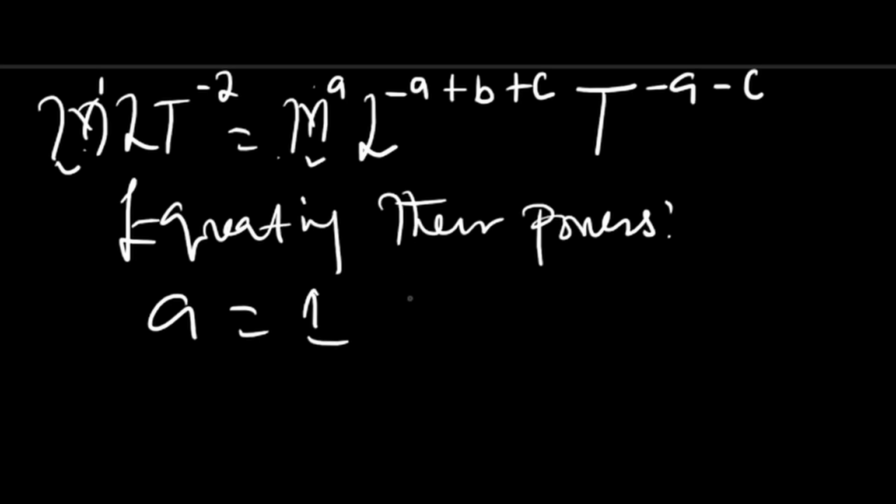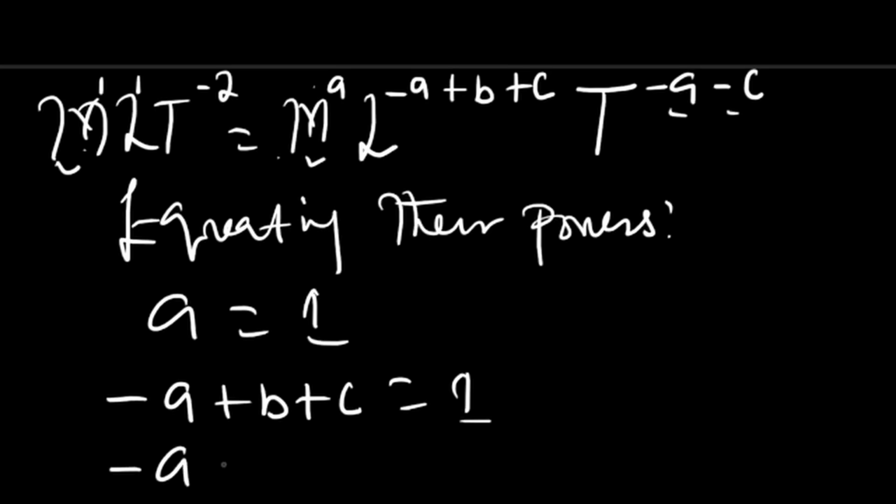Now let's do it for the L. For the L, we have minus A plus B plus C is equal to the power of L on the other side, which is 1. So this gives us 1. And finally, for the T, the powers of T on the right is minus A minus C. We say minus A minus C is equal to what? Minus 2.